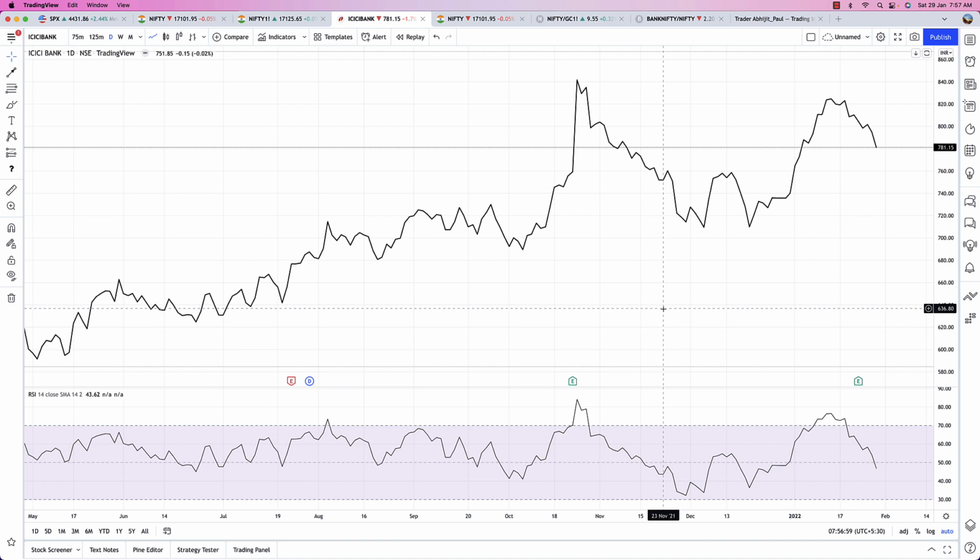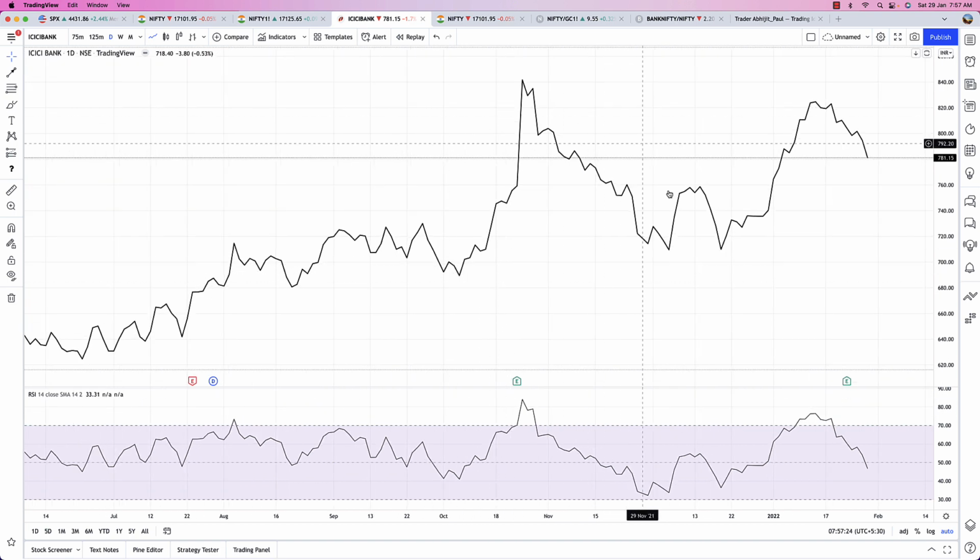RSI is calculated in such a manner, the formula is such, which makes it an oscillator. It's a banded indicator, which means it will never go above 100, neither will it ever fall below 0. And that's why we have the concepts of overbought and oversold. So it's got a glass ceiling. It's got a ceiling and it's got a floor which it cannot break in either direction. On the other hand, prices are not banded and can go anywhere.